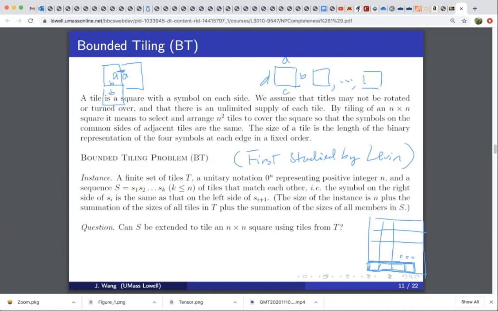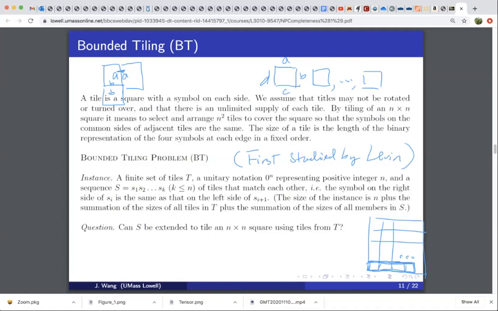So this is a partially matched tile sequence, laid down horizontally. And what we want to know is whether this partially matched horizontal sequence of tiles can be extended to tile an n by n square using tiles from T.